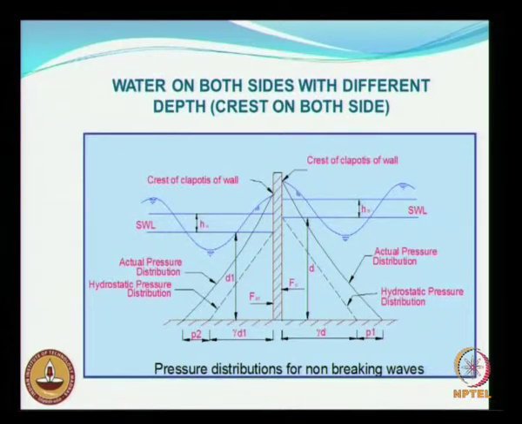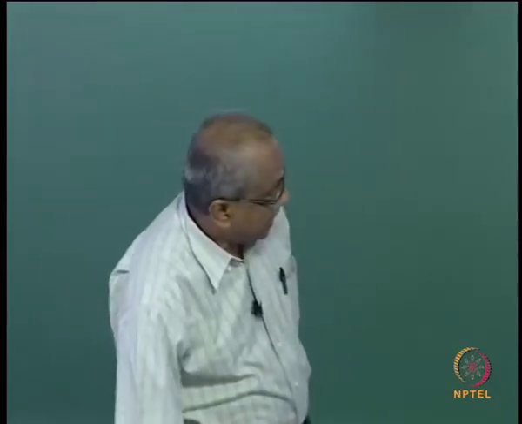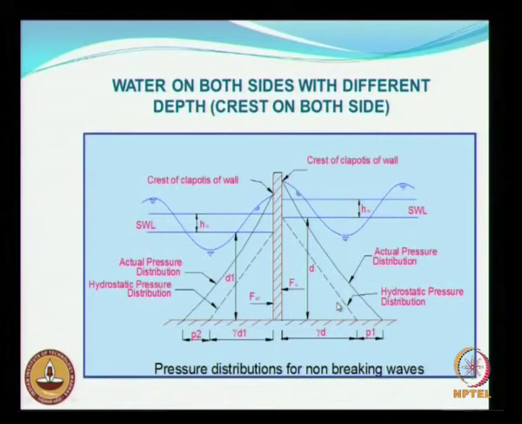Okay. These conditions may be a bit rare, but still you need to consider them when you face such a situation. Okay. Are you clear with this picture? I would just leave some time for you to look at the pressure distributions as indicated in this picture, when the crest is on the wall and when the trough is on the wall.